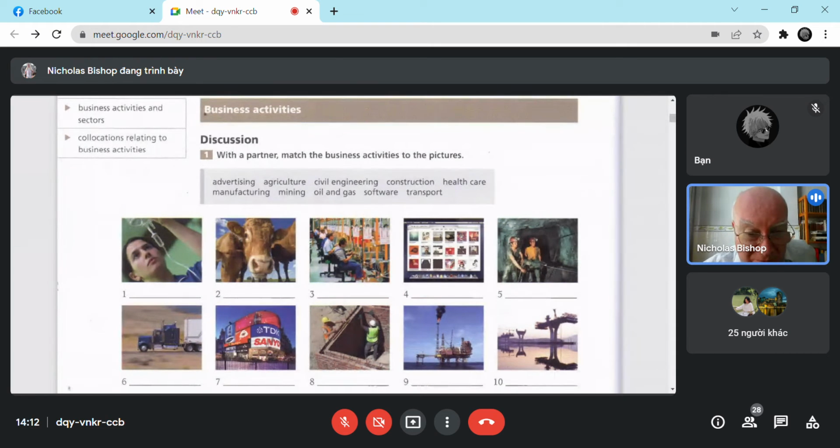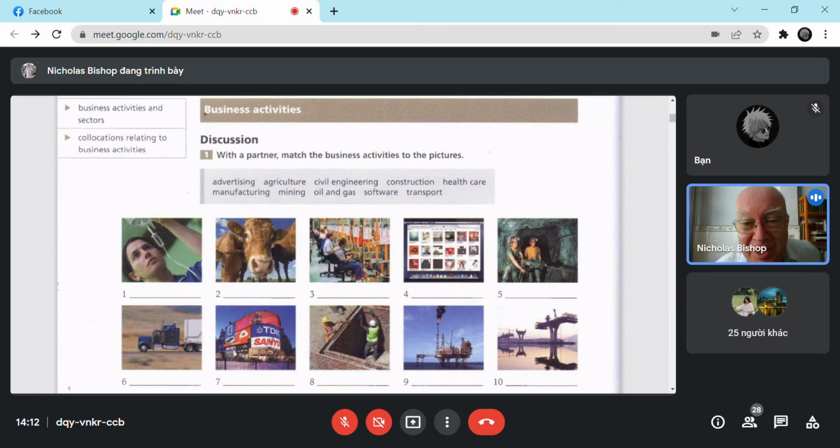So civil engineering, you mentioned the word public. That deals with public types of construction. So number 8 is construction, where they're making a building or some private concern.